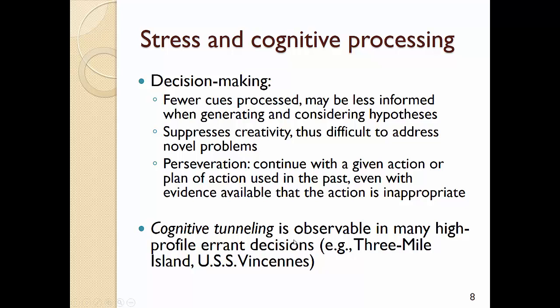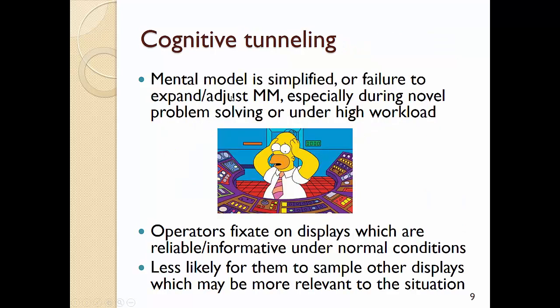And these are observable in a lot of high-profile accidents. We've talked about Vincennes and Three Mile Island in the first few topics of this course. These are just two really prominent examples. So cognitive tunneling, this would be another effect here, is your mental model.